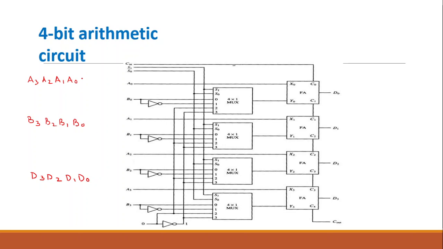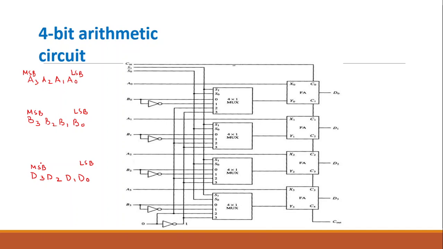Here A0 is LSB and A3 is MSB. Similarly for B, this is LSB and this is MSB. D0 is LSB and D3 is MSB. So there are two 4-bit inputs A and B and a 4-bit output D.